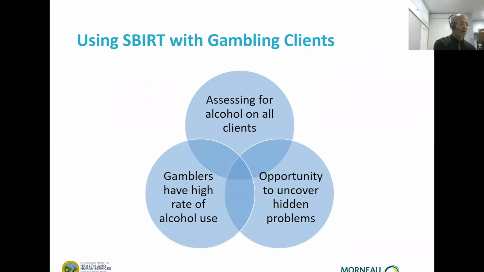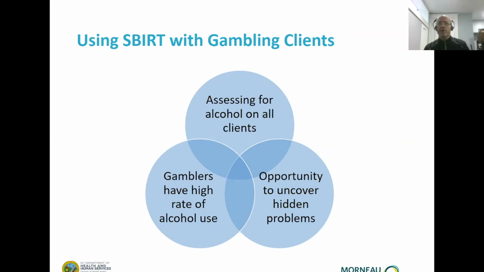Okay, so far, let's compartmentalize in our mind what we've looked at. We've looked at those higher rates. So why do we use SBIRT with gambling clients? Or why do we use GBIRT on those suffering from alcohol use disorder or problem gambling? Well, number one, because of what I said in those 3 or 4 slides, we want to assess for alcohol on all clients because of the high prevalence rates still in our nation, still in our world today, even on our college campuses.